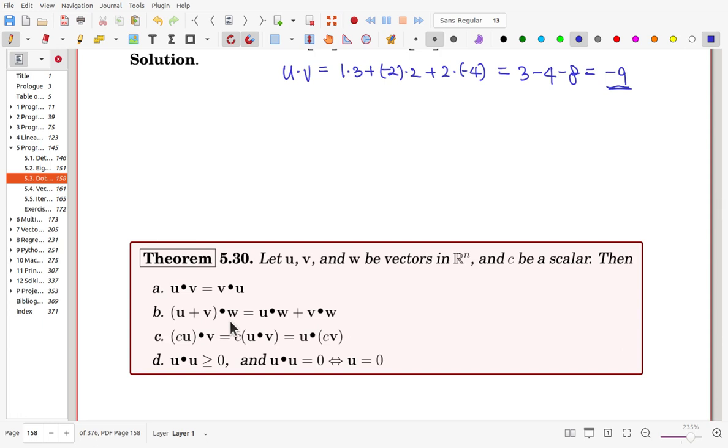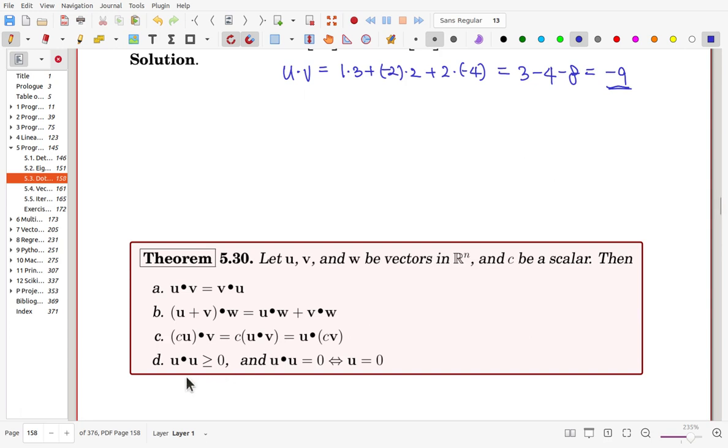In real computation, it will be more efficient. Now, for scalar multiplication, you can multiply a scalar c with u or v, or after the dot product, just one multiplication by c. Either way, you can do the computation. From the computation point of view, this one will be most efficient.